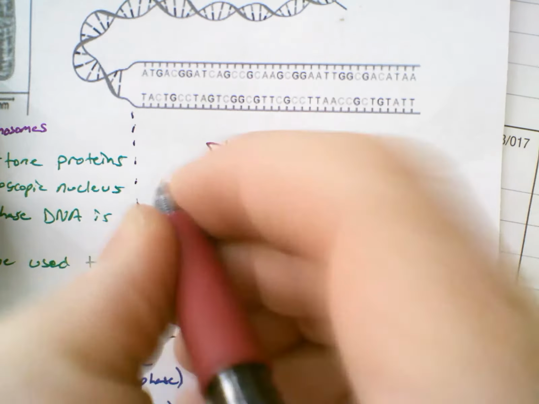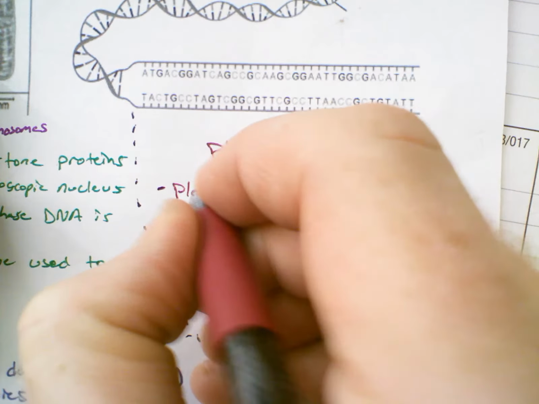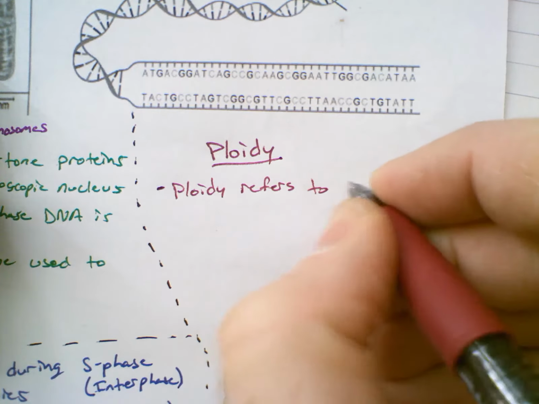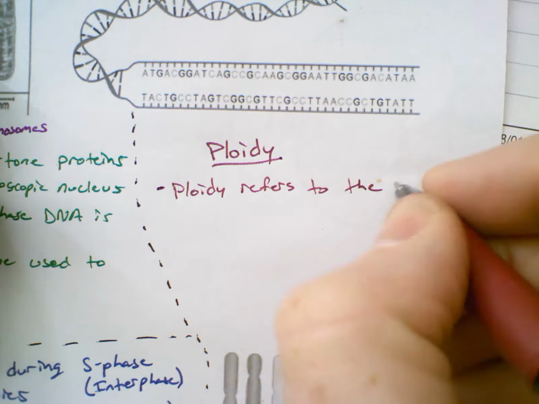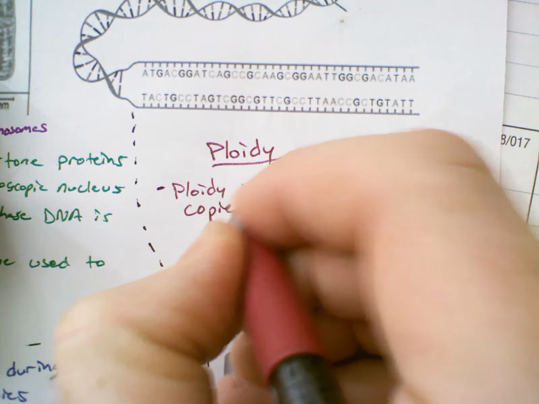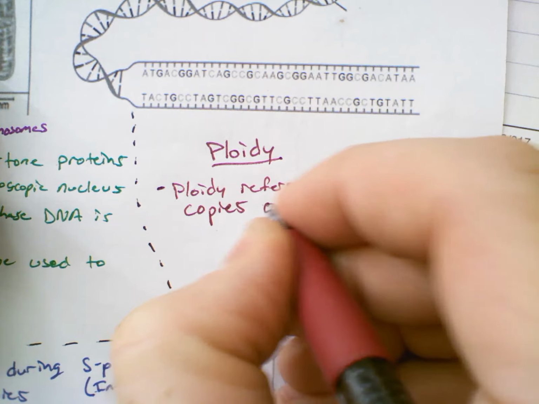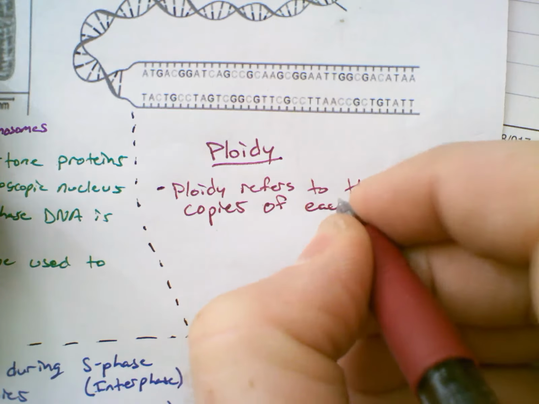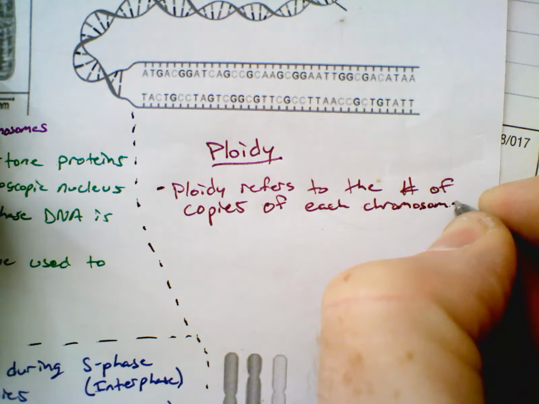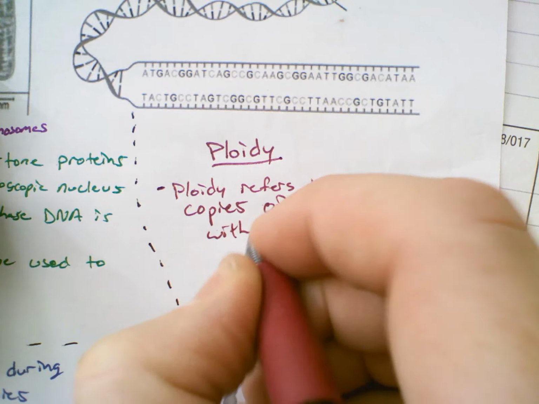What the heck is that? So ploidy refers to the number of copies of each chromosome within a cell.